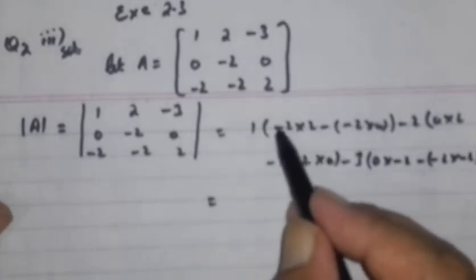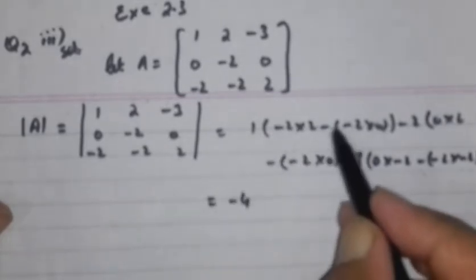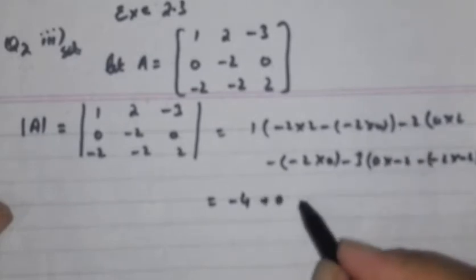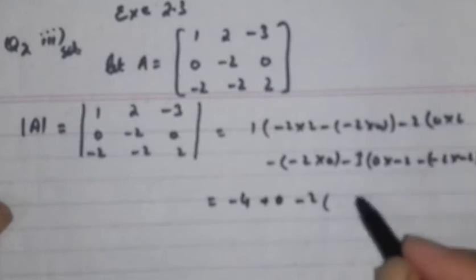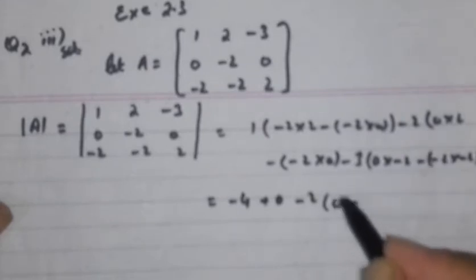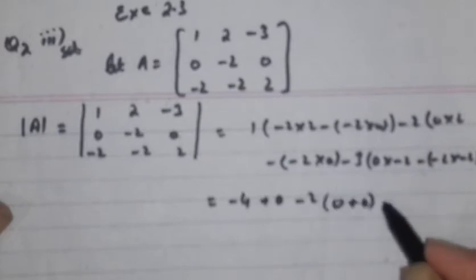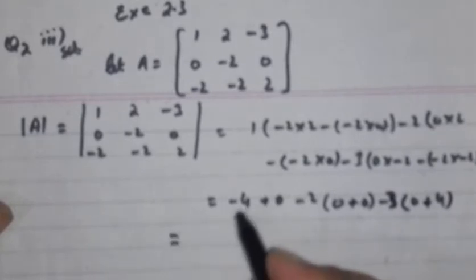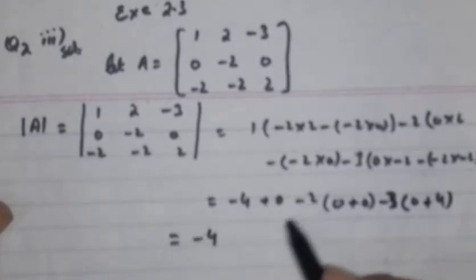Here 2 2s are minus 4, minus into minus plus. 2 zeros are 0. Here minus 2, 0 2s are 0, and minus into minus plus, 2 zeros are 0. Minus 3, 2 zeros are 0, and minus into minus plus, 2 2s are 4, minus 4.